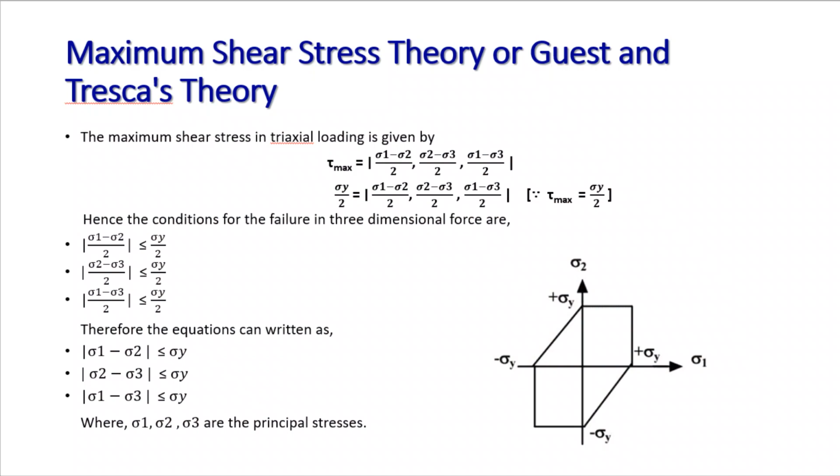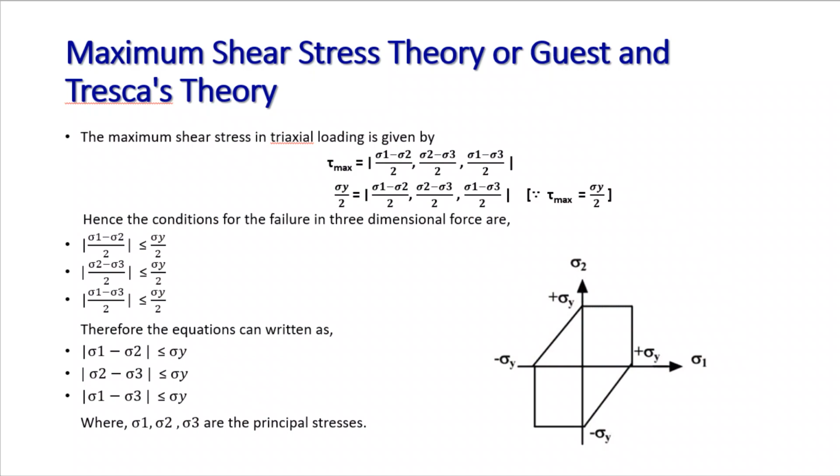That can be numerically represented as tau max is the modulus of the maximum of (sigma 1 minus sigma 2) by 2, (sigma 2 minus sigma 3) by 2, and (sigma 1 minus sigma 3) by 2. This is the maximum shear stress in triaxial loading.